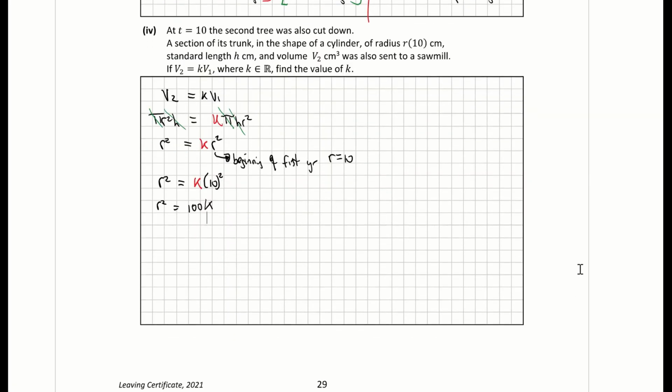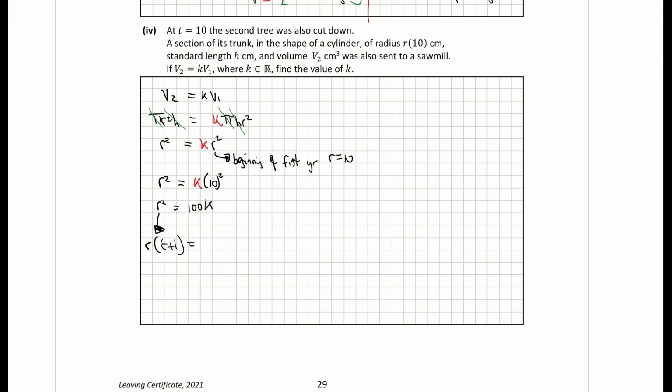We now need to find the radius of this larger tree trunk. And again, I'm going from the previous page here, r at time t plus 1 is the same as r to the t plus i to the t plus 1. That's coming from the previous page, where you're trying to find the radius at a specific time.